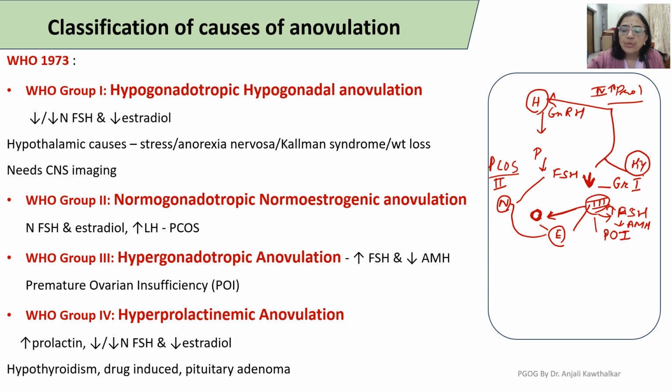So by doing FSH, estradiol, and prolactin, we get an idea about the most likely cause of anovulation as group 1, group 2, group 3, and group 4.